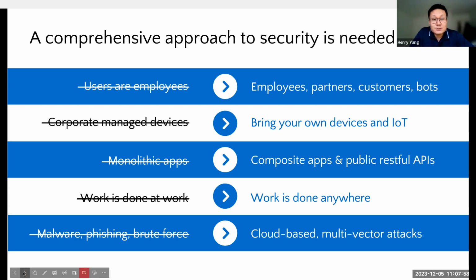And it's not only corporate managed devices that you send to the user anymore. More and more organizations, like Microsoft, a huge global organization, have most employees bringing their own devices as well.